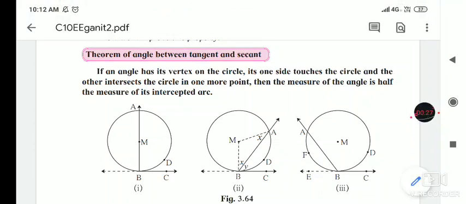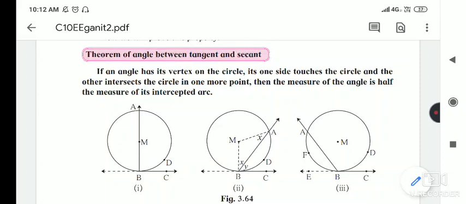Inside it we had seen that if an angle has its vertex on the circle, as you see in these three figures, B is the point and it is the vertex of an angle, and that vertex is on the circle.